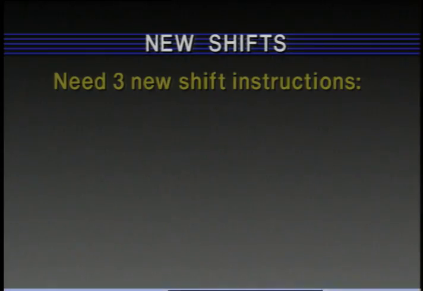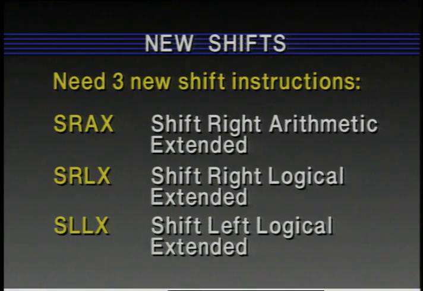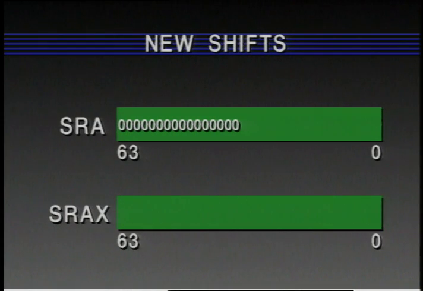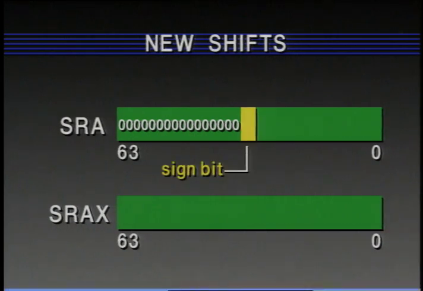As I mentioned before, one of the more interesting changes in instructions is with shifts. And let me explain why we needed, in fact, to add 3 new shift instructions. We've added shift right arithmetic, shift right logical, and shift left logical instructions. If we look at this picture, we'll see that in order to do a shift right arithmetic in a 64-bit register, but to still come out with the same result, we need to use a bit from the middle of the register, the 31st bit, in order to generate the right shift, in order to get the same result as we would have had on a 32-bit architecture.